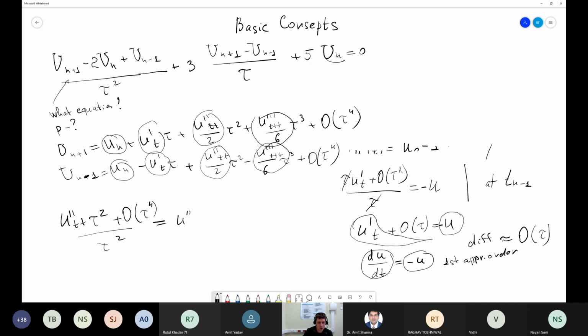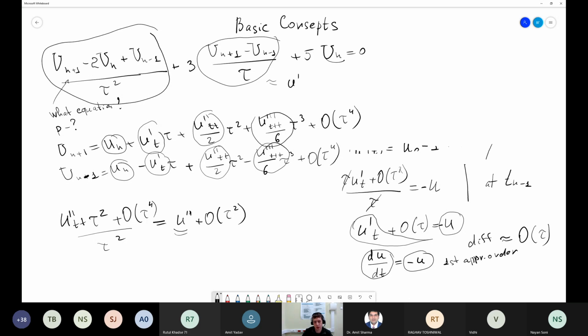And we have the second derivative plus O of tau squared. This term approximates this second derivative with the precision tau squared. The same we will obtain here: it approximates the first derivative, with second-order precision. The order of approximation of this formula is second.